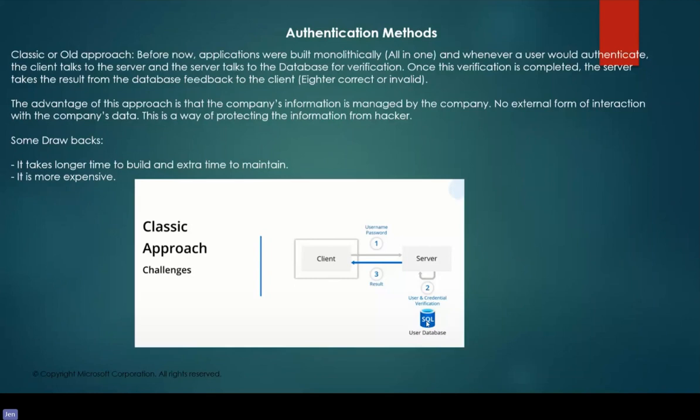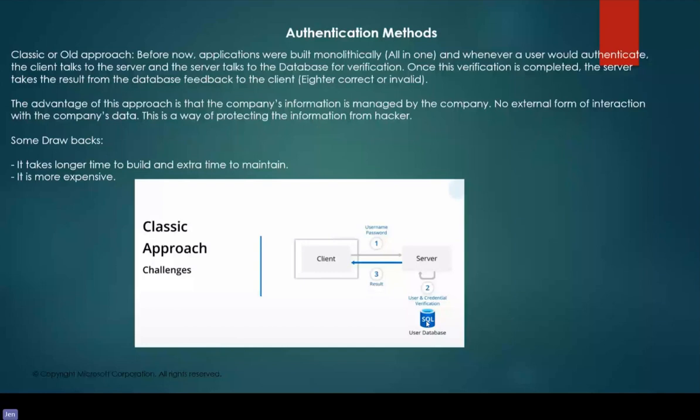And that was how Microsoft started managing identity for organizations. However, you understand that it's not all about managing the identity, right? The classic approach actually had drawbacks. So Microsoft had to work on these drawbacks. So what did they do?